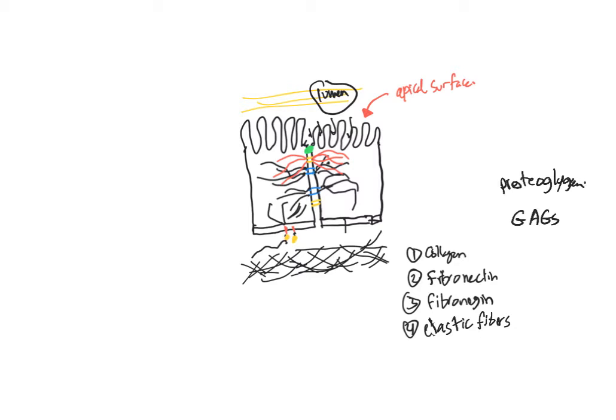Proteoglycan is a polypeptide attached to GAGs. So what is GAG? GAG is basically glycosaminoglycan.